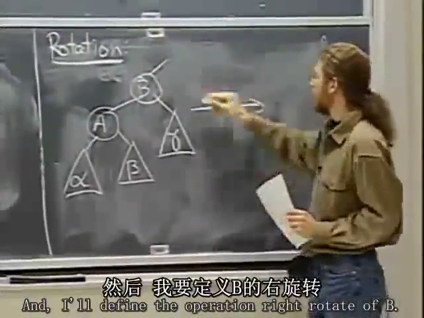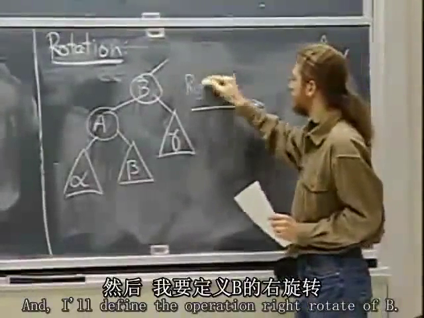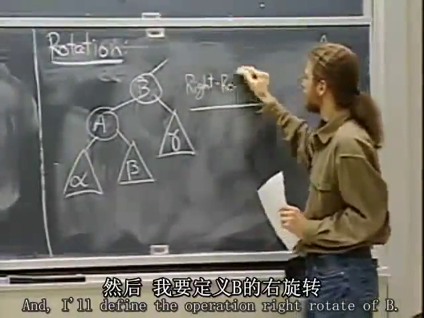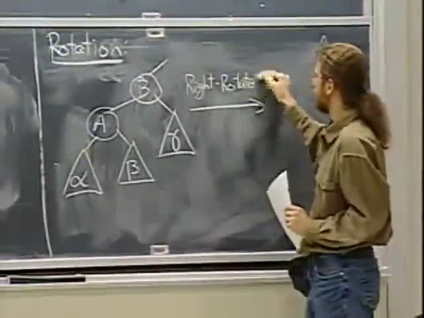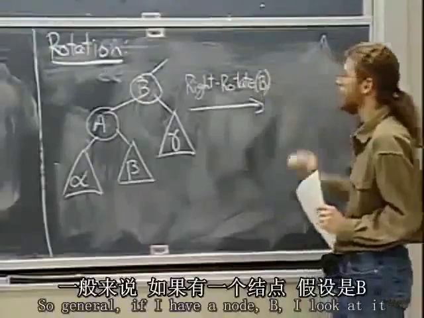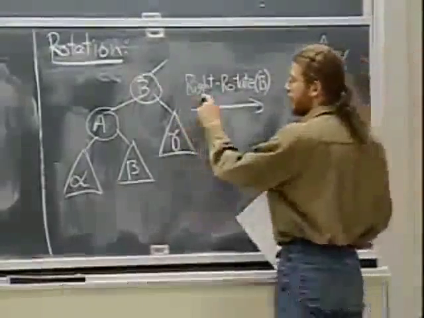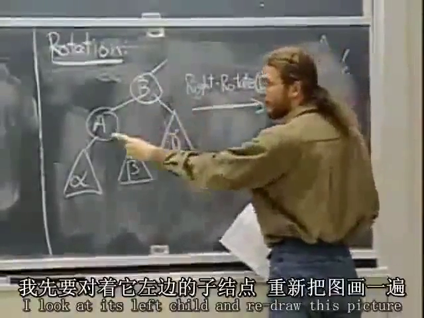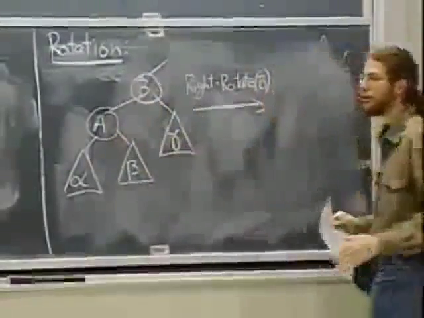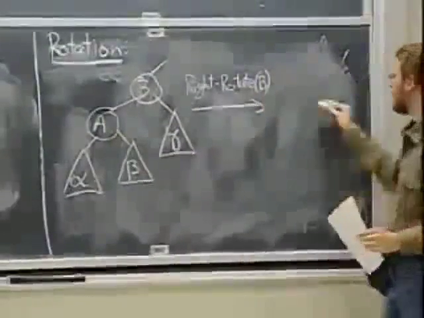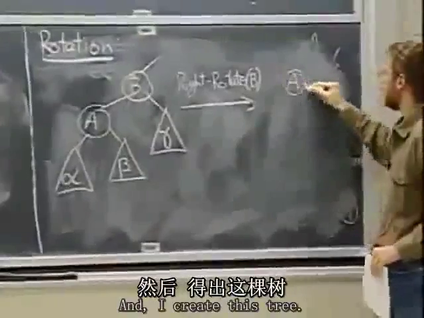And I'll define the operation right rotate of B. So in general, if I have a node B, I look at it and I want to do a right rotation, I look at its left child and draw this picture, all the subtrees of those 2 nodes. And I create this tree.